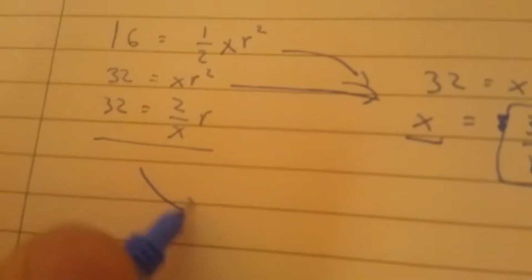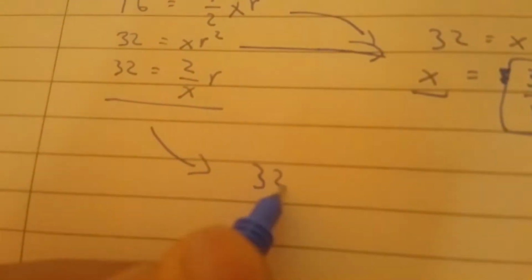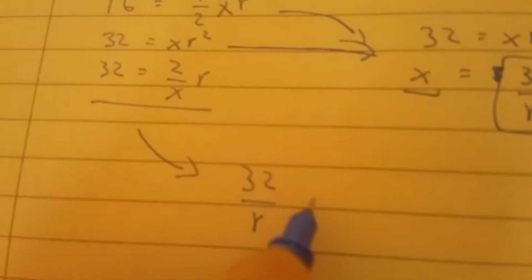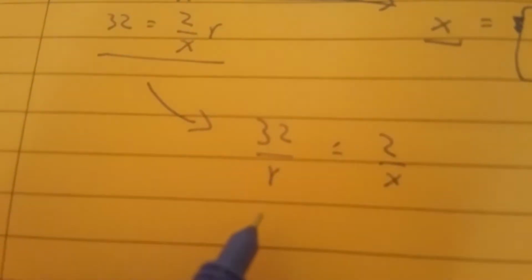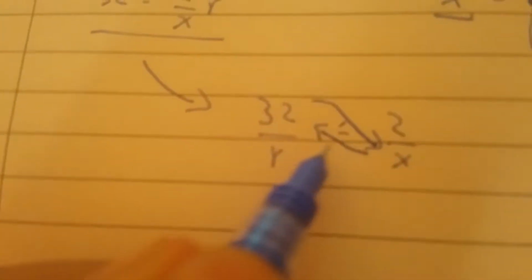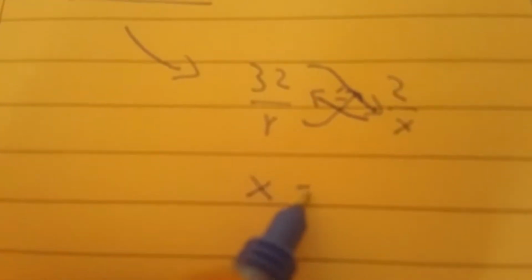Now if we come back to this, over here we get 32 by r is equal to 2 by x. If you put x to this side, 32 back down, and r there, I know that looks a bit confusing, so x moves there, so x is equal to 2r by 32, and if we simplify this, it will be r by 16.